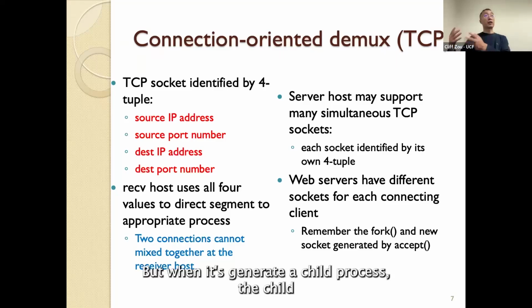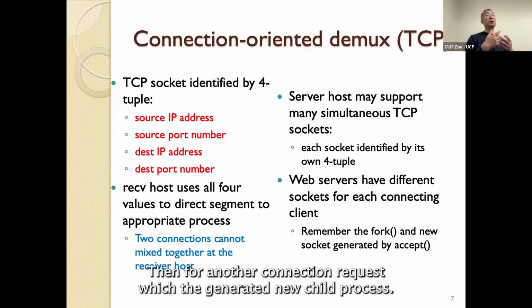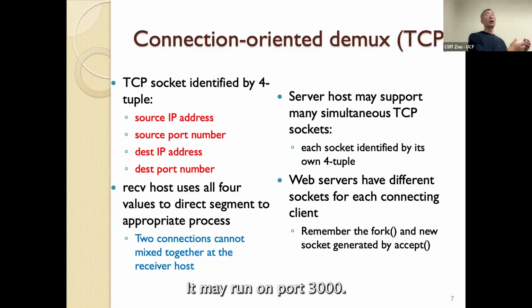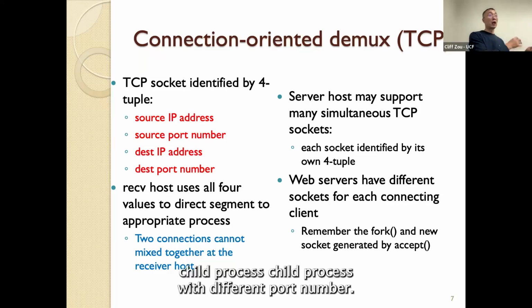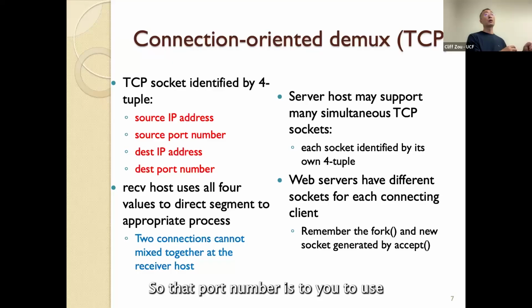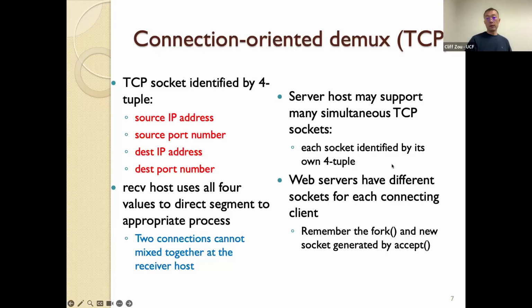But when it generates a child process, the child process may run on port 2000. Then for another connection request, the newly generated child process may run on port 3000. So the operating system gives different child processes different port numbers. That port number is used as the unique identification for that child process.